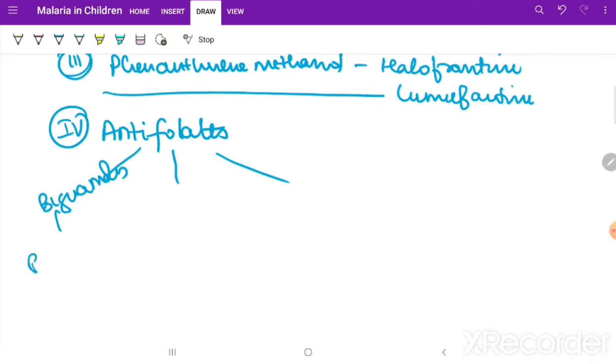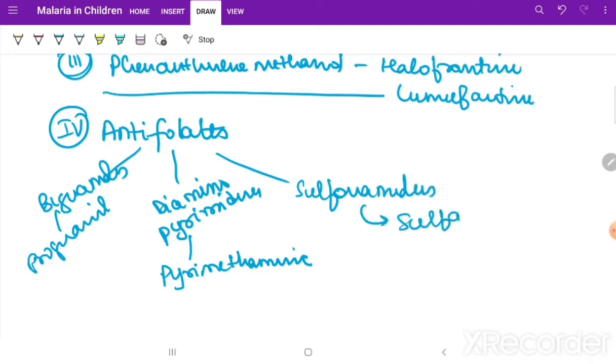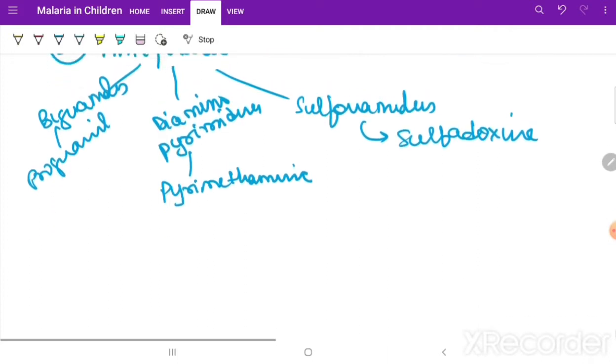In biguanides we have proguanil. In diaminopyrimidines, we have pyrimethamine. I know this can get a little bit tedious, but what to do, we have to know. And then we have sulfonamides, very easy to guess. Sulfadoxine. Okay, this is about the antifolates.